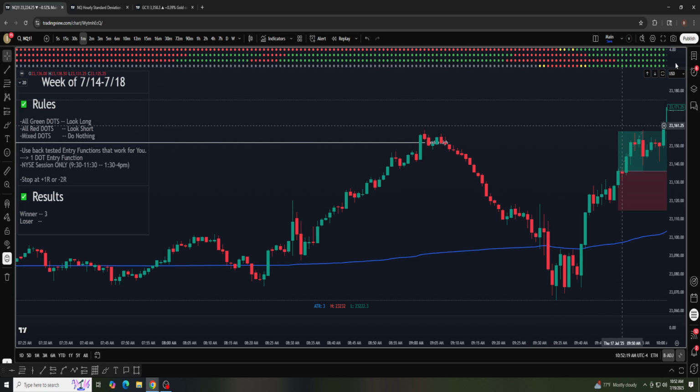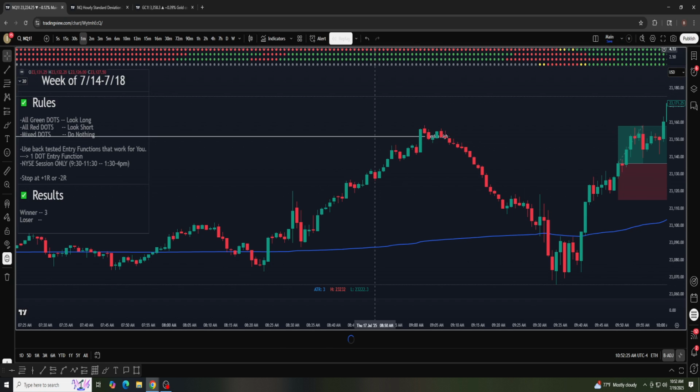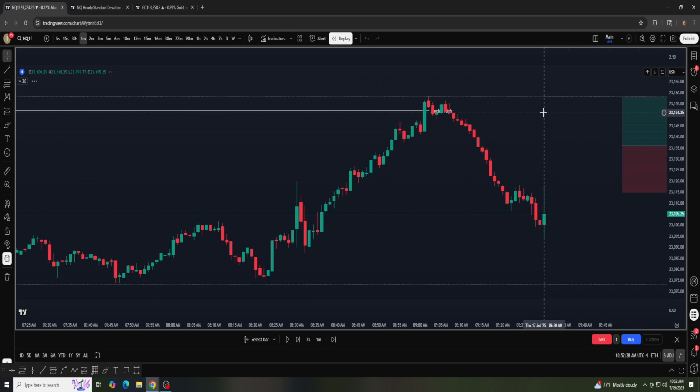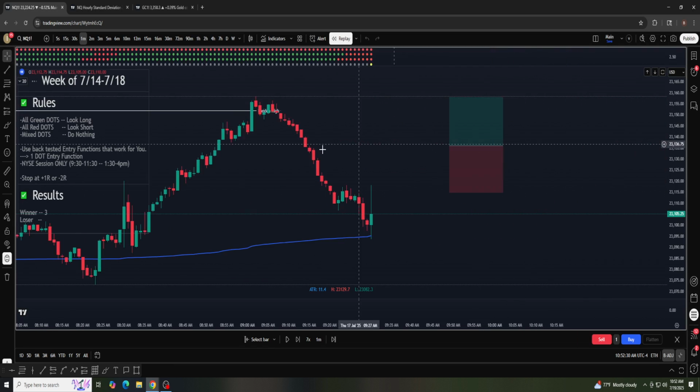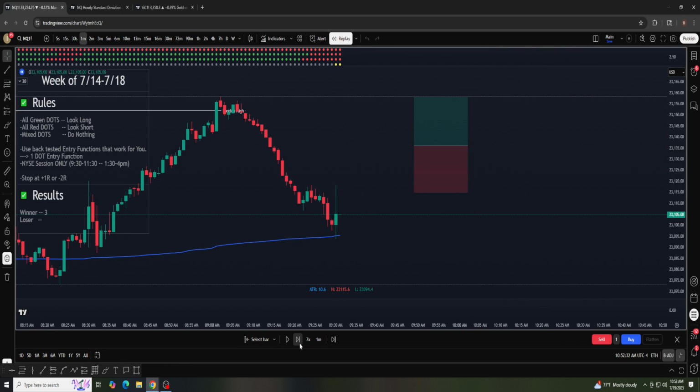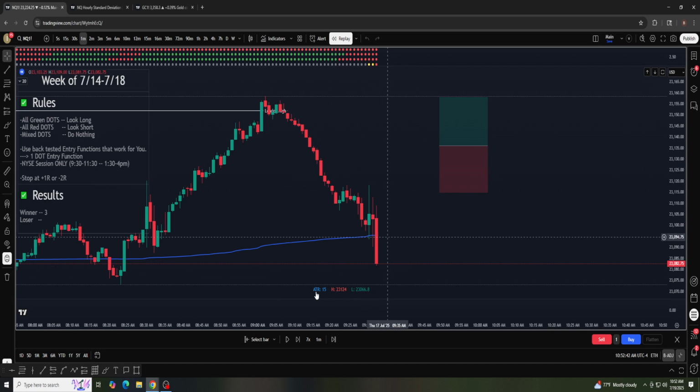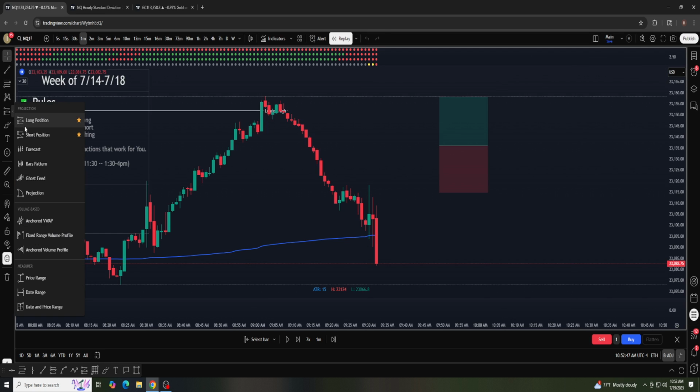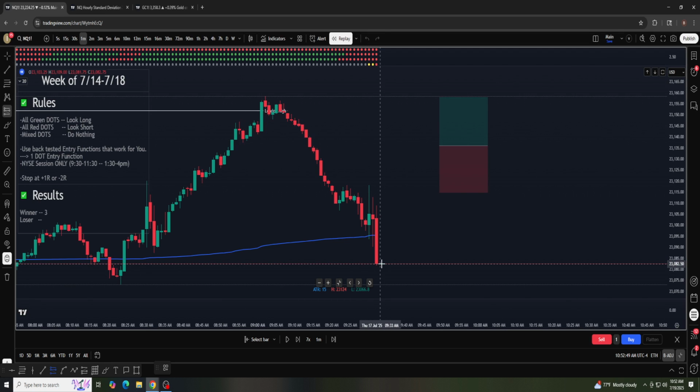I don't have this marked, but let me see what this market replay, let me see what the ATR was. So this is pretty illustrative too. So the VWAP is holding, dots are mixed. And right here we get a close below the VWAP. ATR was 15 points. Let me get my little short position.